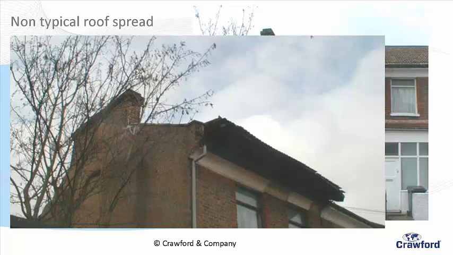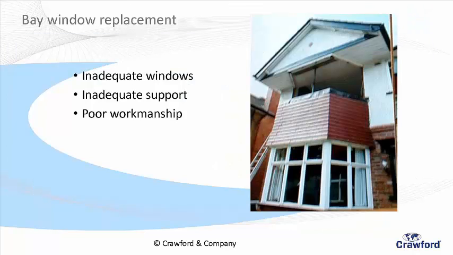Bay window replacement, so here we go. You might have inadequate windows, like you said, so you're replacing what they call strong windows. Could be timber sub-frame windows, metal frame windows with the UPVC. And UPVC can be weaker unless you've got steel reinforcement inside, yeah? They might not have supported the structure when they took the window out.